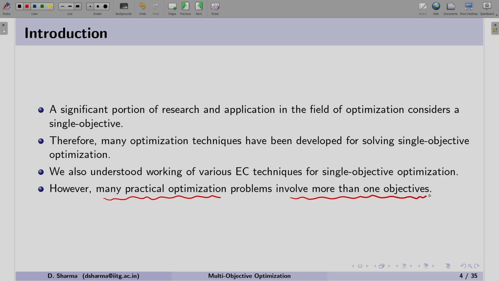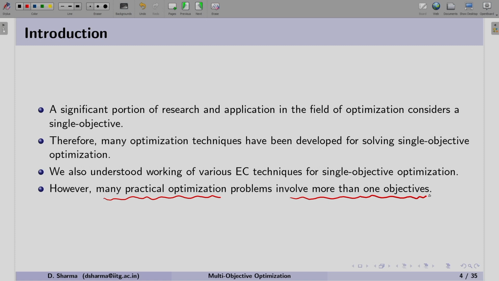So, when we talk about more than one objective, that itself says that we are talking about multi-objective optimization. In this scenario, when we have many objectives, these objectives essentially are conflicting in nature.